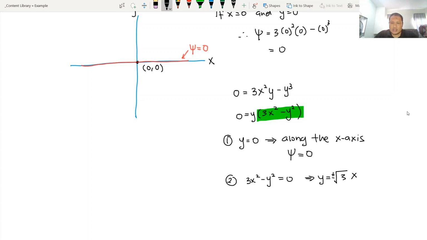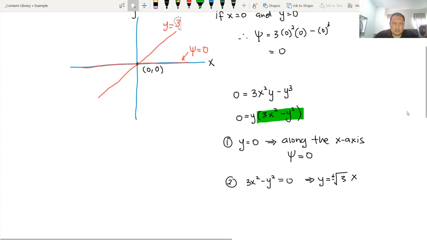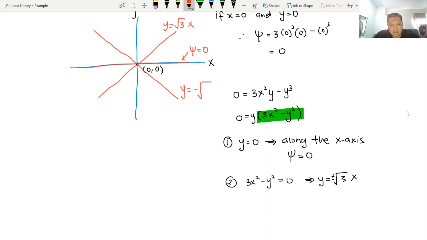Because it can be negative or positive. If we plot the positive one, you get y equal to square root of 3 x, and then another one, y equal to minus square root of 3 x.